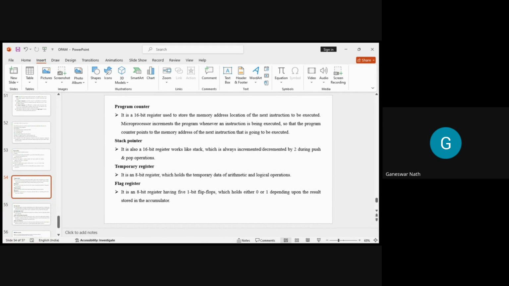The program counter is also a 16-bit register. It stores the memory address location of the next instruction to be executed. The microprocessor increments the program counter whenever an instruction is being executed, so that the program counter points to the memory address of the next instruction.